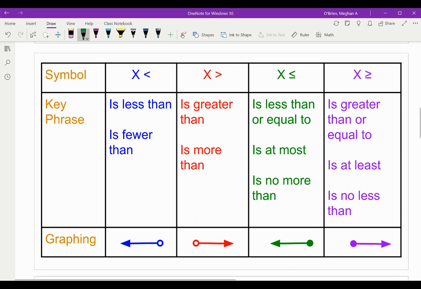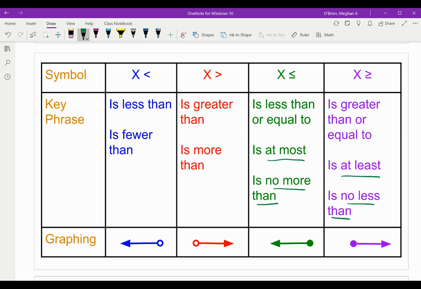So here's a quick reference chart that I suggest printing off if you want to, or just coming back to, because when we are writing inequalities from different scenarios, we're going to want to be familiar with phrases like at most, no more than, at least, no less than, things like that. So kind of using that language piece to translate it to the appropriate inequality symbol.